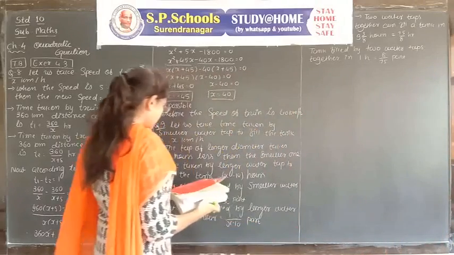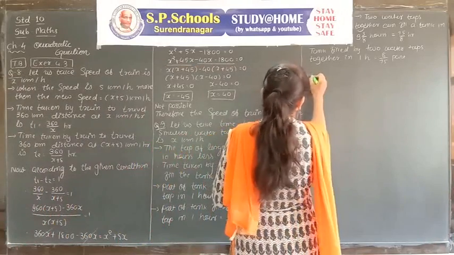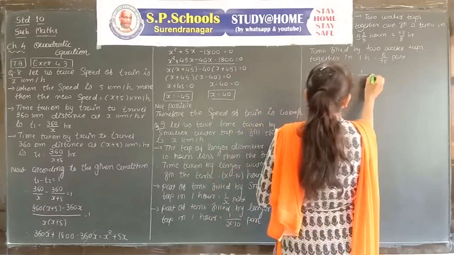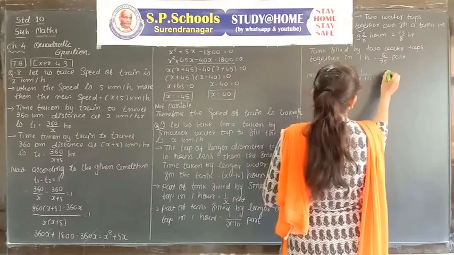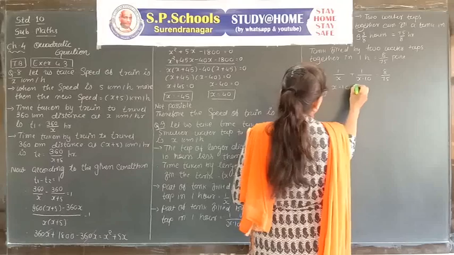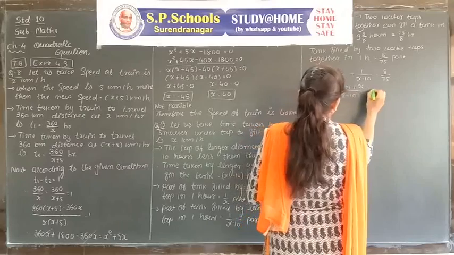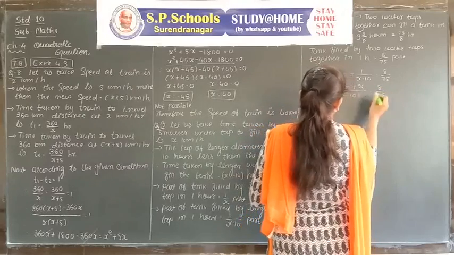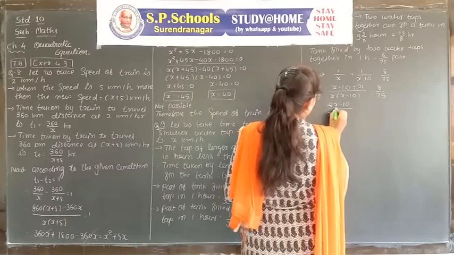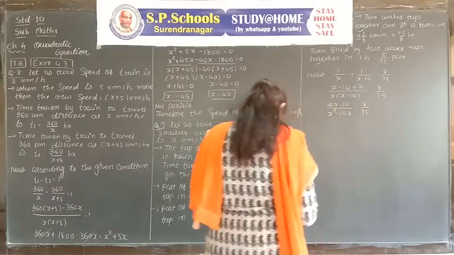Now we make an equation to find out the value of x here. 1 upon x plus 1 upon x minus 10 is equal to 8/75. We are taking LCM here. x minus 10 plus x upon x into bracket x minus 10 is equal to 8/75. x plus x, which is 2x minus 10 upon x square minus 10x is equal to 8/75.